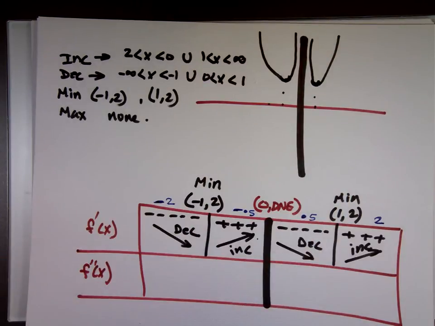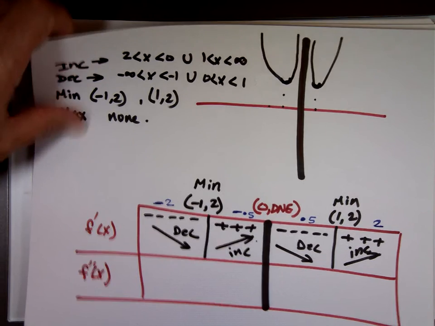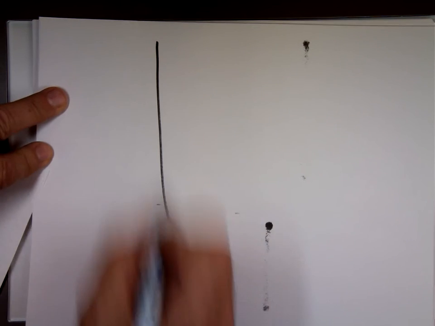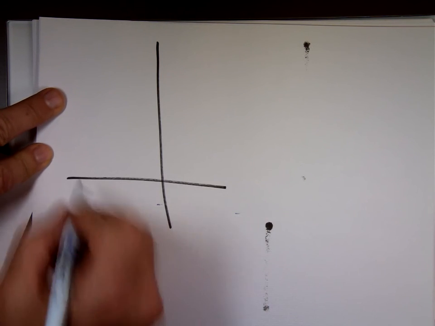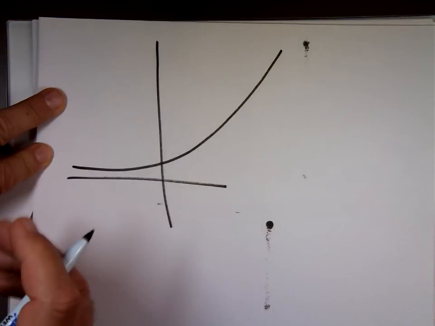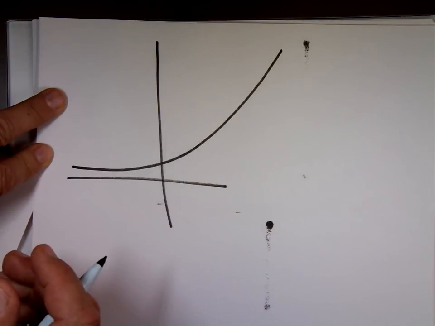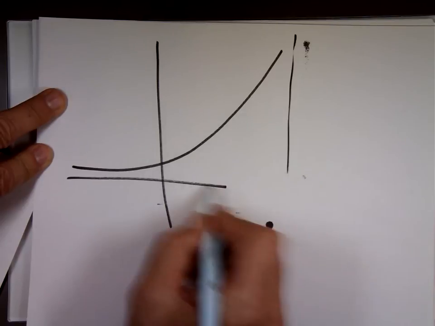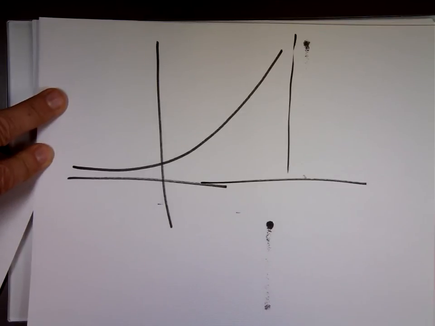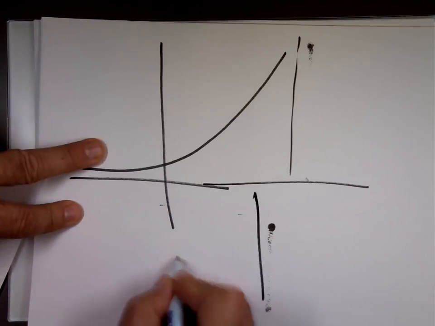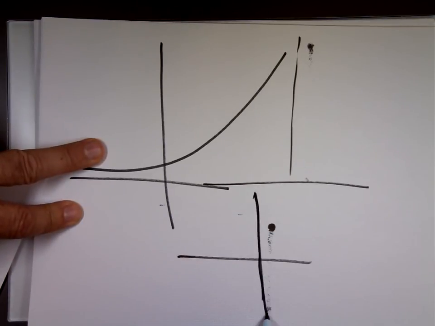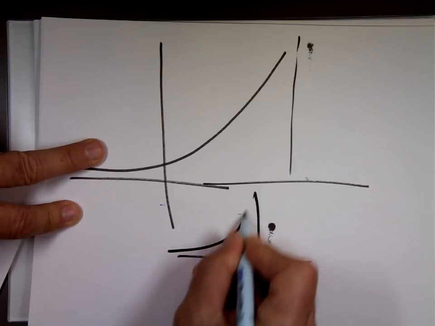E to the x will look like this, the graph. Yeah, that same shape, but with a vertical asymptote up here. It could look like this. But how would you use this if it was always increasing?